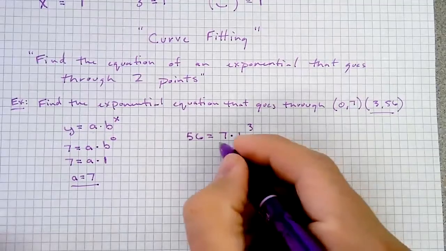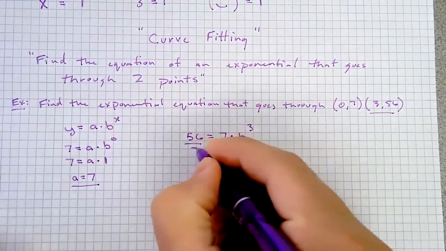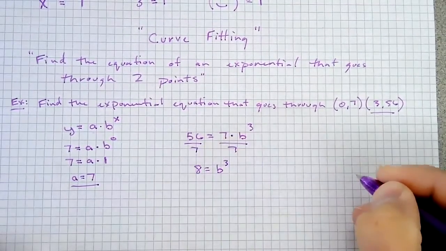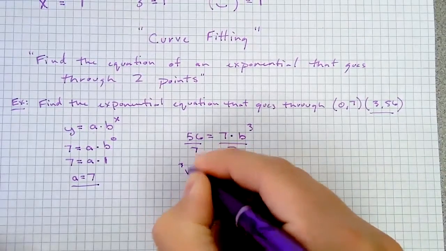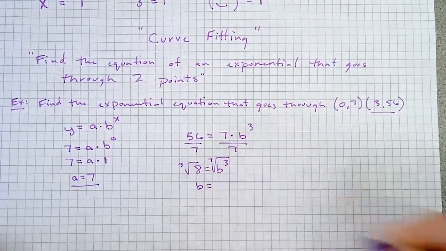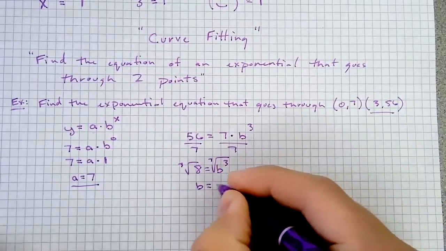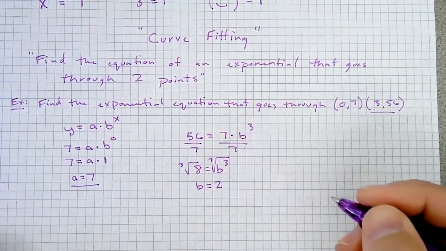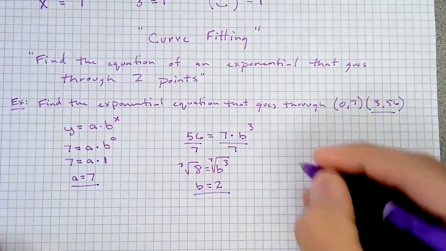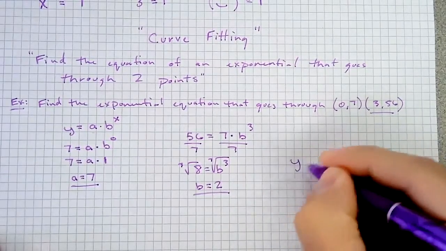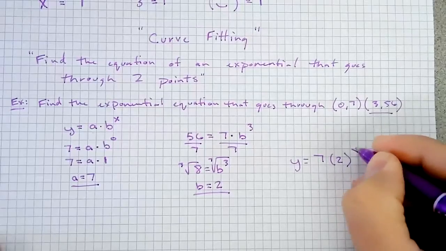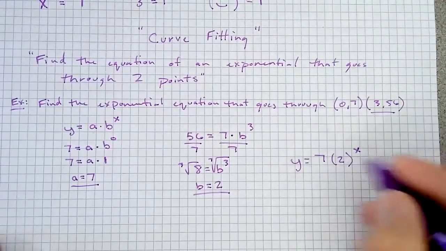Now we're just solving for b, so we divide by 7. 8 equals b cubed. Take the cube root of 8, which ends up just equaling 2. So now we have our equation y equals 7 times 2 to the x.